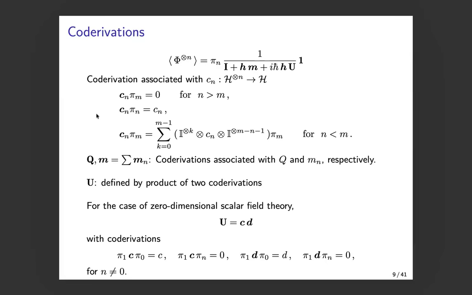The important point is, although I didn't write it in the slide, that U is associated with the symplectic form omega. So if you know the symplectic form, we can construct U.